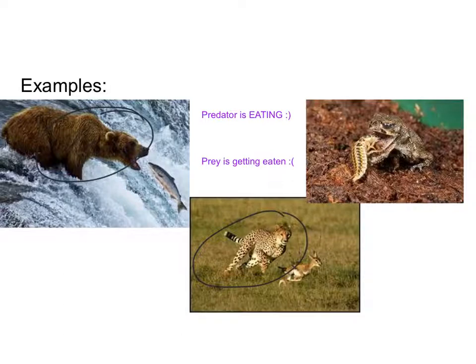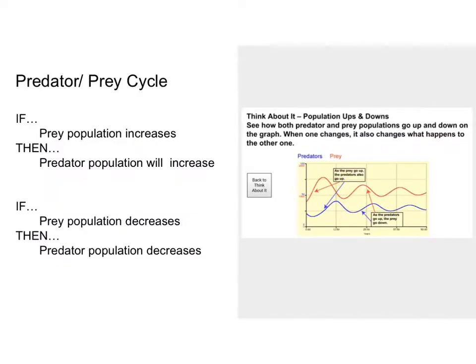So one of the things I want you guys to be able to do is identify what animals are predators and what animals are prey. And you'll have a chance to show your skills with that on the Google form. Okay, so that was our first main topic, just identifying what predator and prey are.